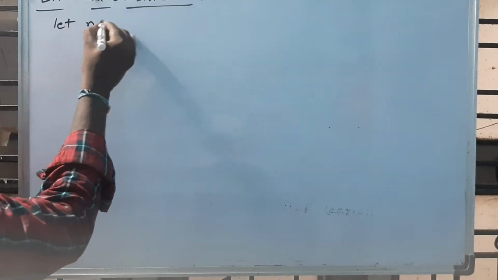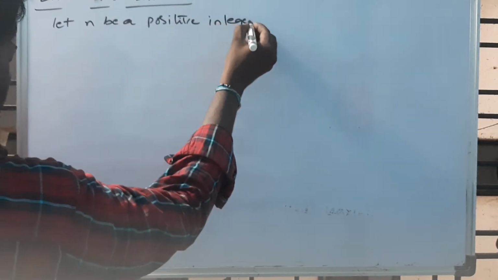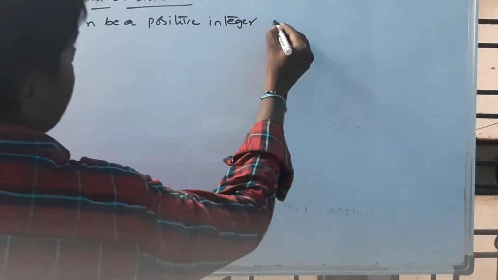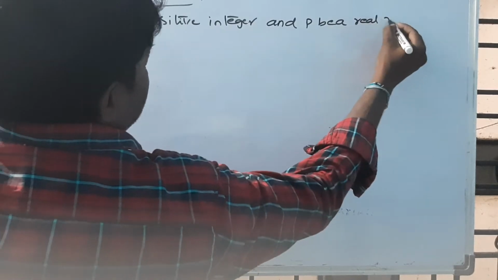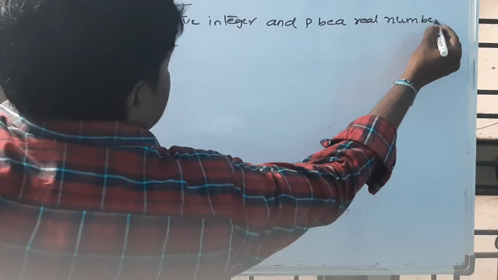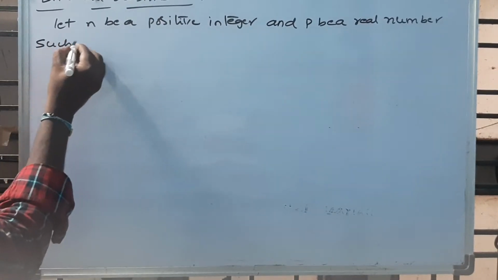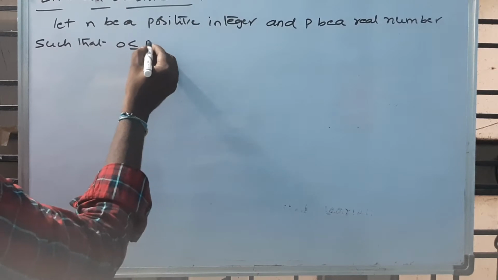Let n be a positive integer and p be a real number such that 0 is less than or equal to p is less than or equal to 1.